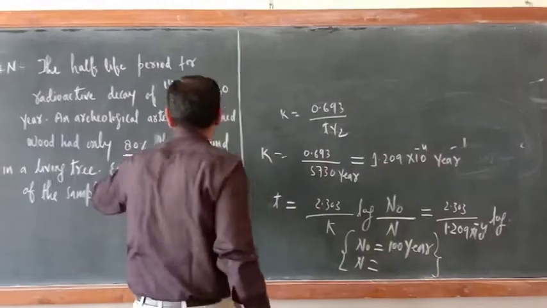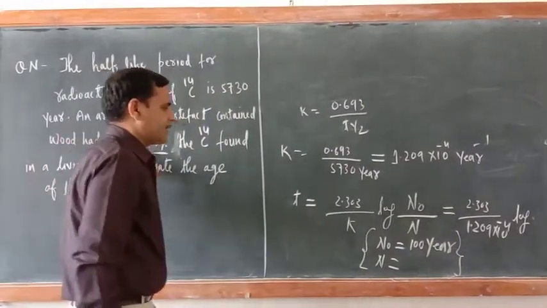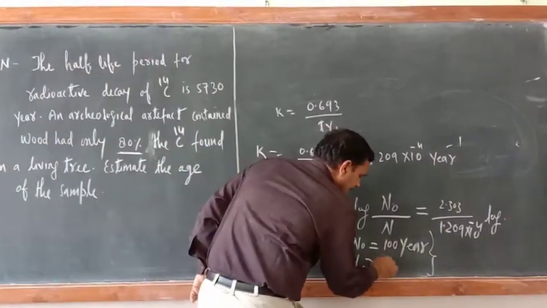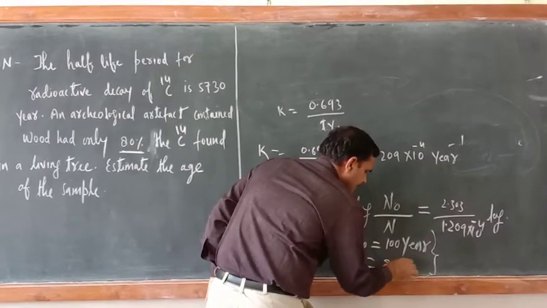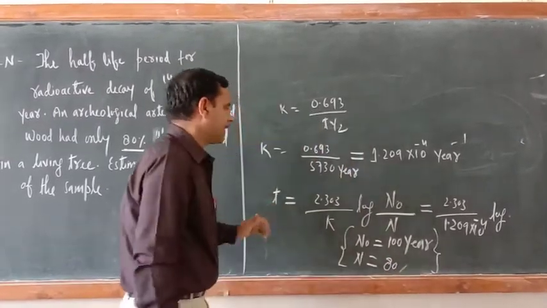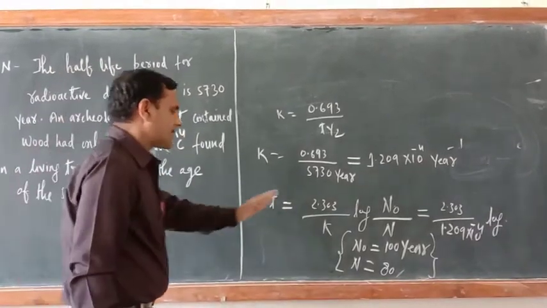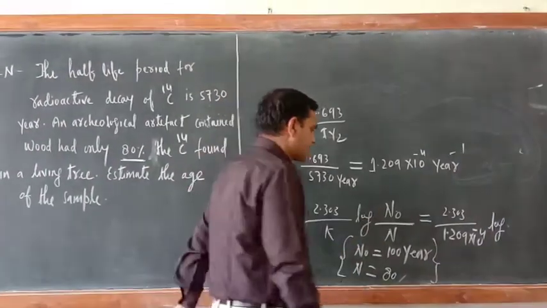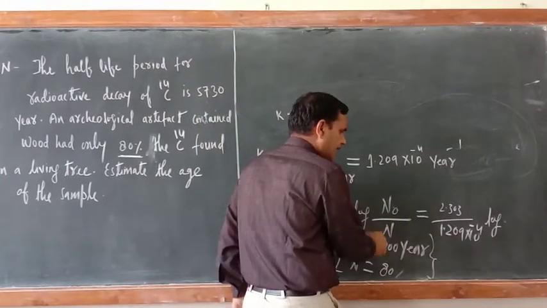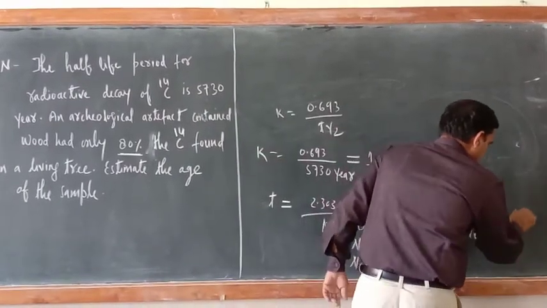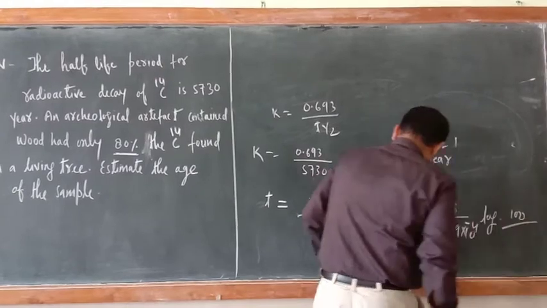N is given as 80%. It means the amount of carbon-14 present compared to the living tree was 80% only. So this is our N. Here we can fill N0 equal to 100 and N equal to 80.